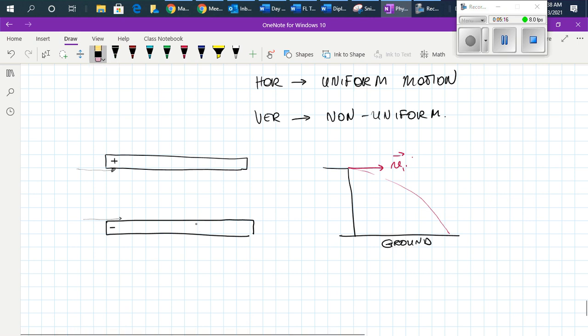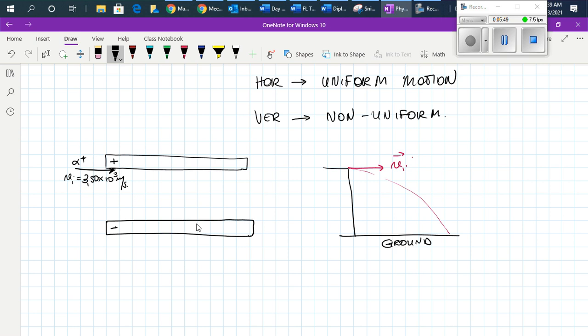So in our first example, we'll see a particle. The configuration of the plates is like this. Here is the positive plate and here is the negative plate, and what we have here is an alpha particle that is entering with a velocity of 3.50 times 10 to the power of 3 meters per second.